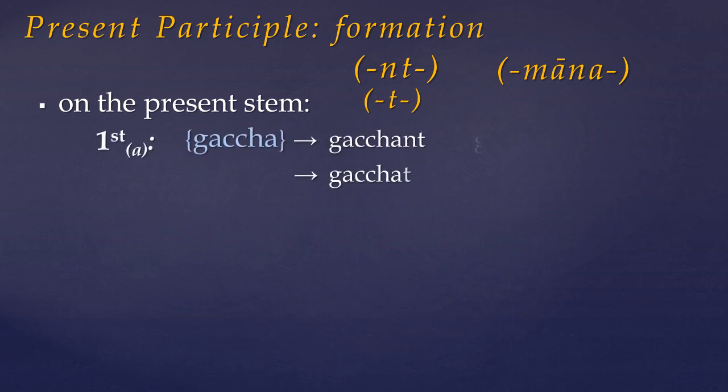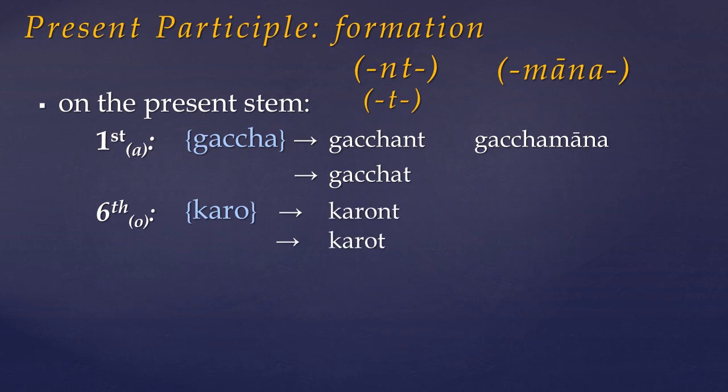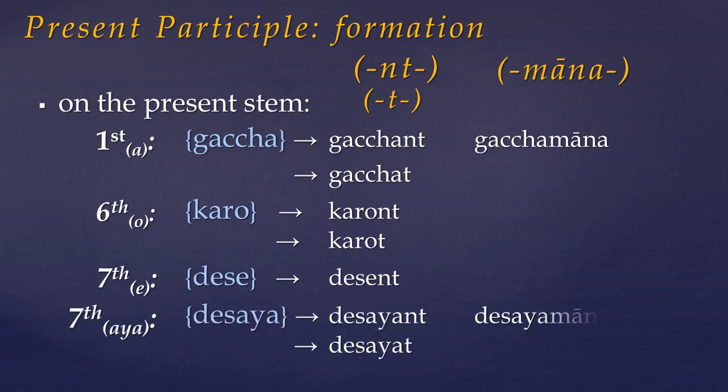Anyway, if we look at the forms of the present stem that we've seen so far, the first class characterised by a, the sixth class by o, while the seventh class can end in either e or aya. And we can see that the sixth class retains that o sound and the seventh class retains that a sound.